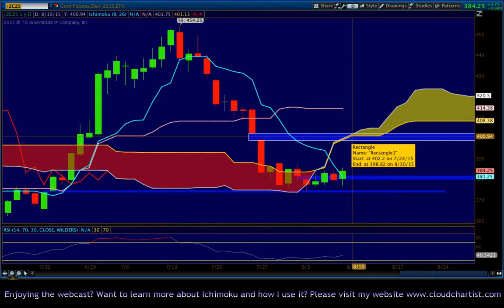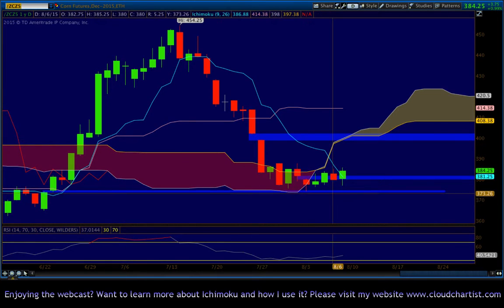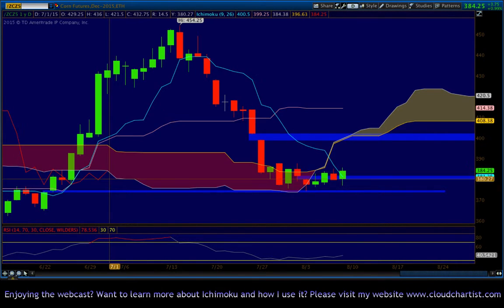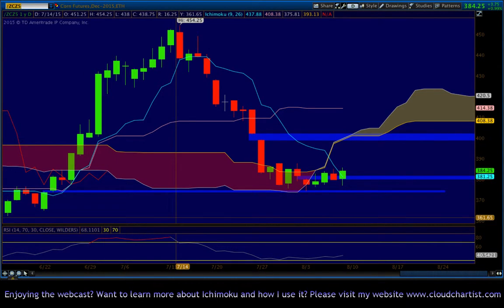If we look back at the Chikou span, we can see clearly why price stopped going higher. The Chikou is squarely stuck at 384.25, which happens to be the level of the cloud right there. So, boom. You see once again how convenient that Chikou is.